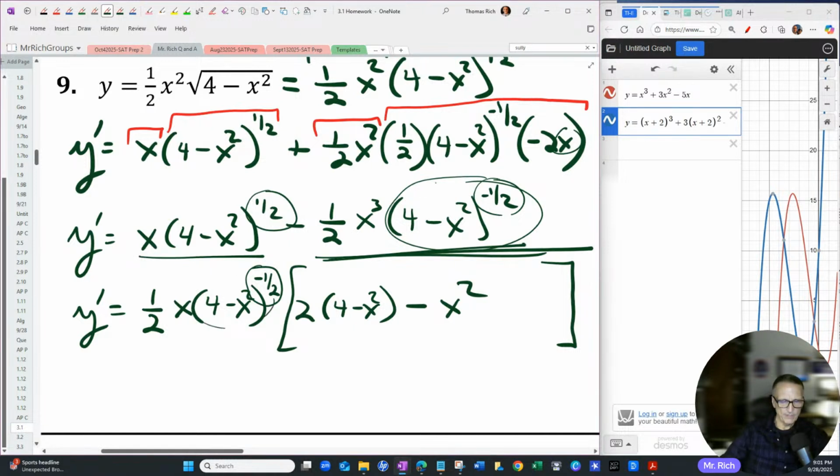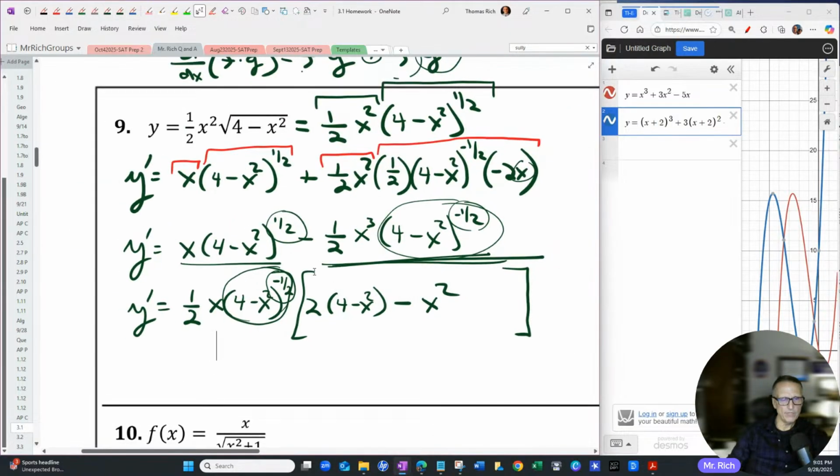So what that allows me to do, I think I missed one part of this. Maybe not. But what this allows me to do is take this factor and push it down into the denominator and leave me with one complete rational function. Because this part will be my numerator.